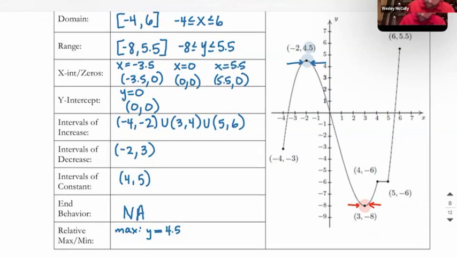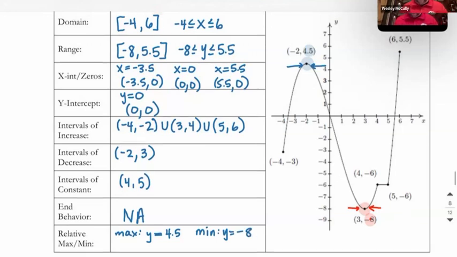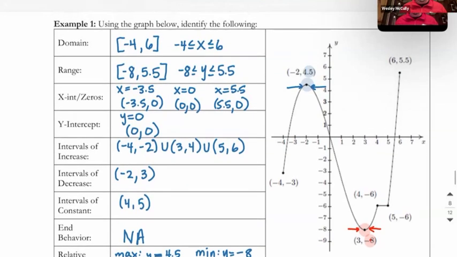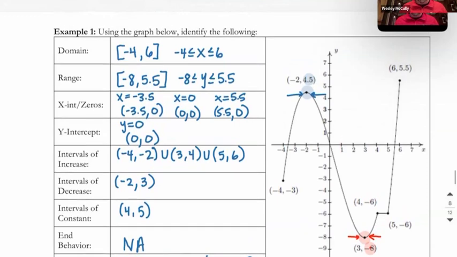It's a relative minimum. So our minimum is given by the y value, -8. So y is equal to -8. And that is example 1. Lots of information there.